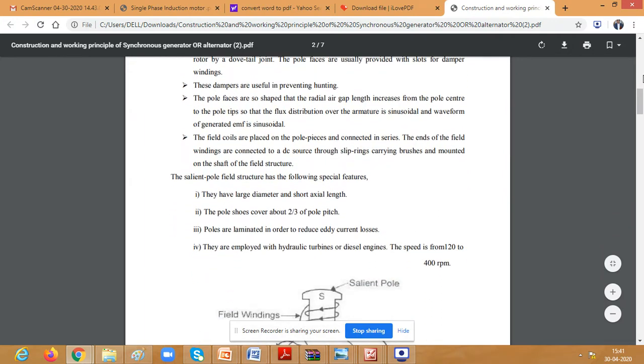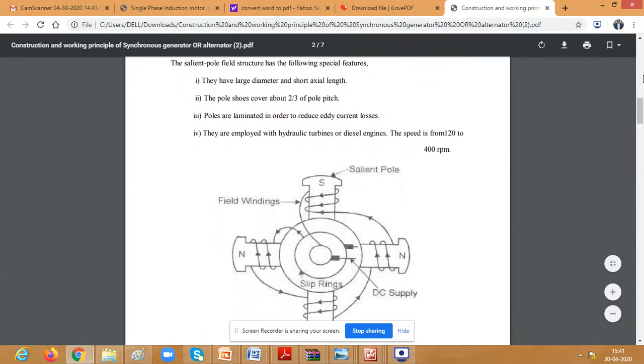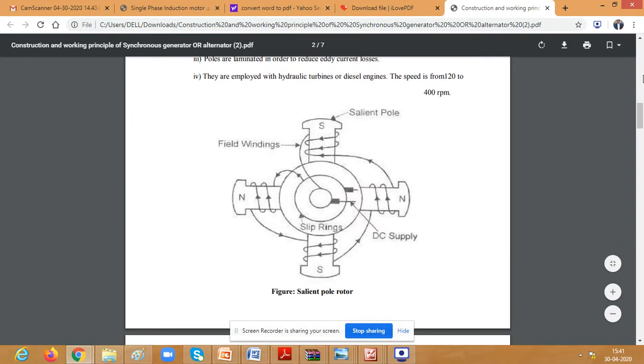The field coils are placed on the pole pieces and connected in series. The ends of the field winding are connected to the DC source through slip rings carrying brushes and mounted on the shaft of the field structure. So you can see here we have our salient pole type rotor, and in the rotor we are giving our field winding.